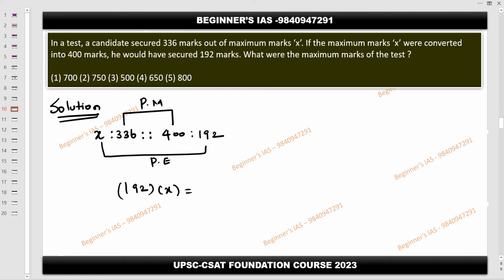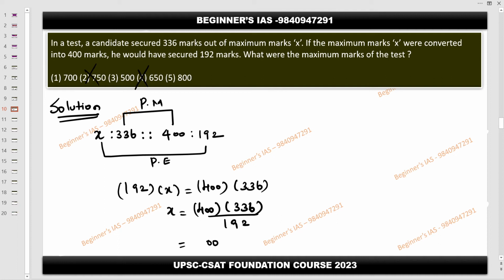192x is equal to 400 into 336. Then x is equal to 400 into 336 by 192. So we need simple calculations. Listen carefully. Keep that double zero. Then eliminate this 4 and 2.